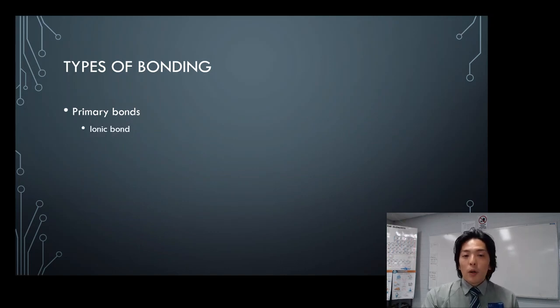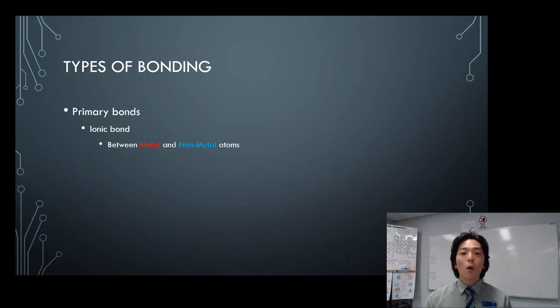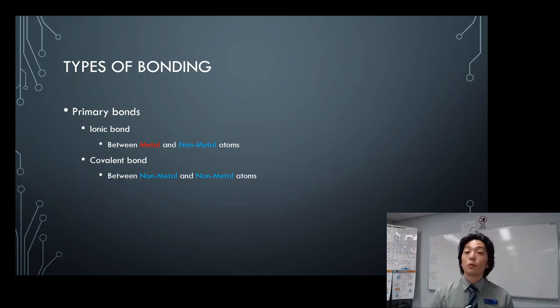Now, those primary bonds, so ionic bond, happens between metal and non-metal atoms. If it's a covalent bond, it happens between non-metal and non-metal atoms, just like water.